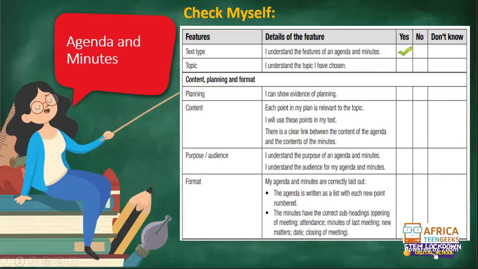The next one, I understand the topic that I have chosen and what I have to do once I've chosen the topic. More yeses. Oh, Vicky, that's a nice big yes. Then, with planning, do you understand that you have to show evidence of planning?